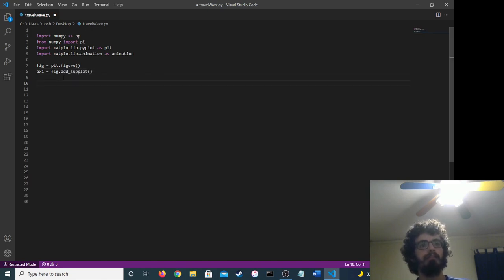So we add an axis so that we can control it, to clear the axis after a certain amount of time.